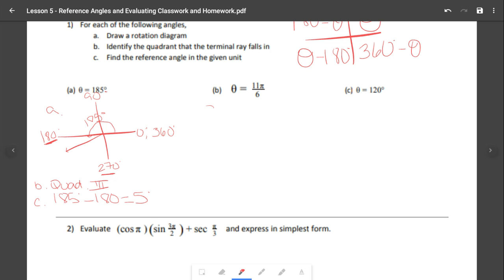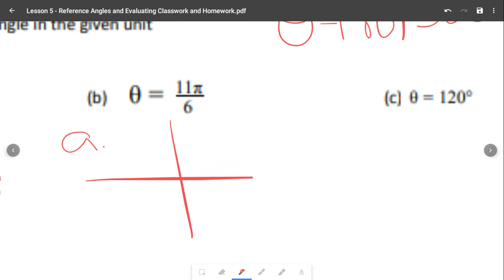For B, same thing. In order to figure out which quadrant we're falling in, we do have to convert 11 pi over 6 into degrees. So we're going to multiply by 180 over pi.